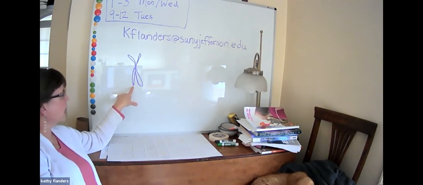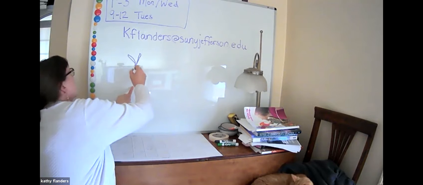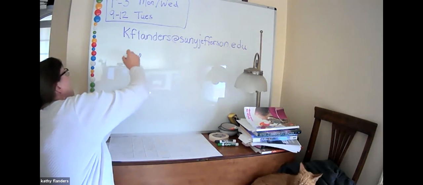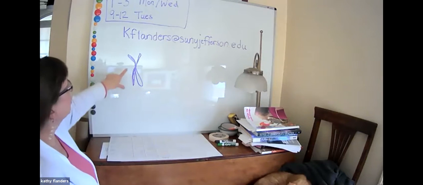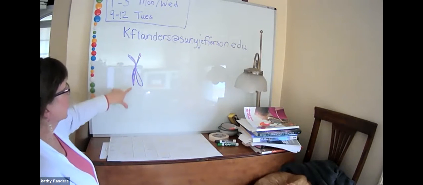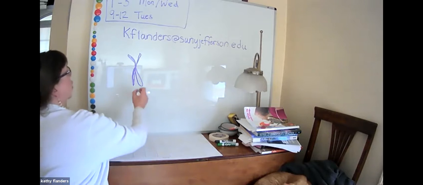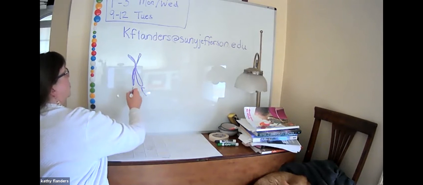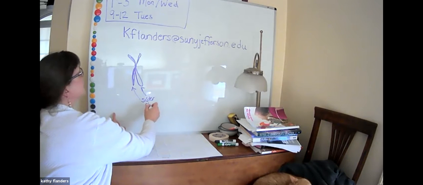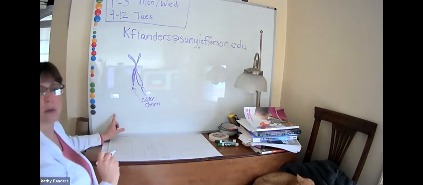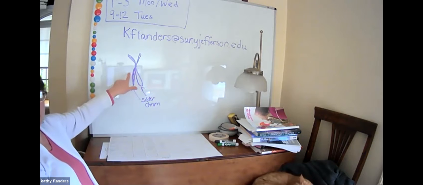Before S phase, it looked like the first one, and after S phase, it looks like this. So when you first see it starting mitosis, you see it already in the form of sister chromatids. Those are sister chromatids, and they're absolutely identical.